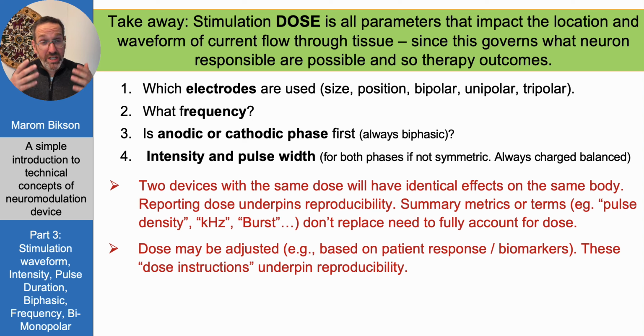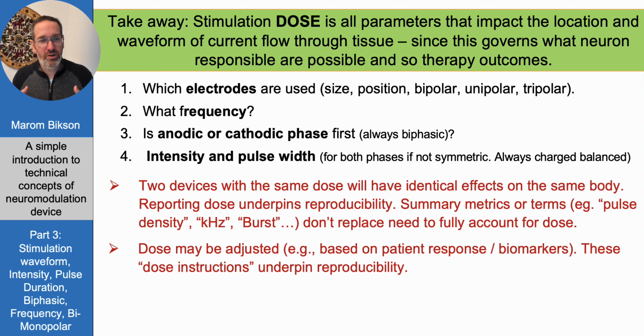And we also now understand that each device can provide many doses. It's not that the device comes with one dose. With each device, the electrodes can be implanted in different locations. You have tons of knobs to fool around with. So each device must be implanted, and each device must be programmed. And what you're doing when you're doing that is you are setting the dose. And I like to use the term dose instructions.